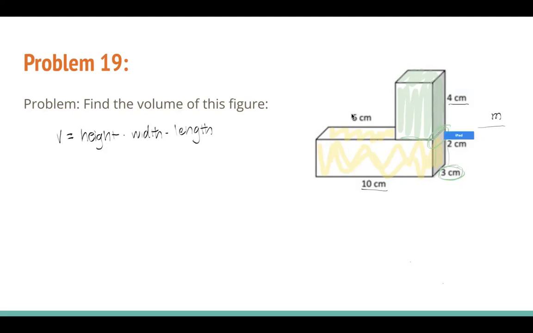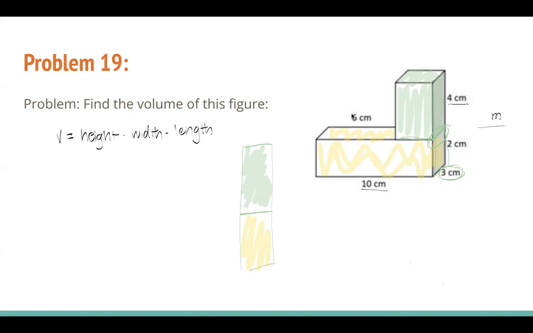If you look at it from a side view, it's going to look something like this, where this part is the yellow part, this part is the green part, and this part is the yellow part. Does that make sense to everyone?